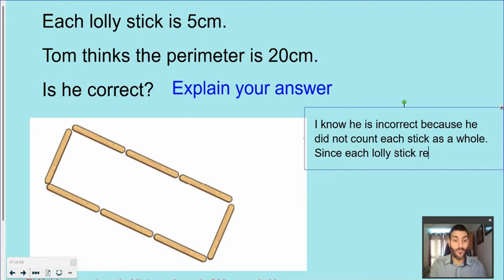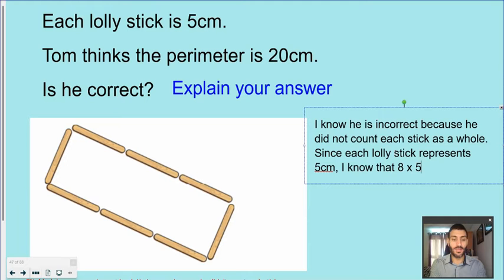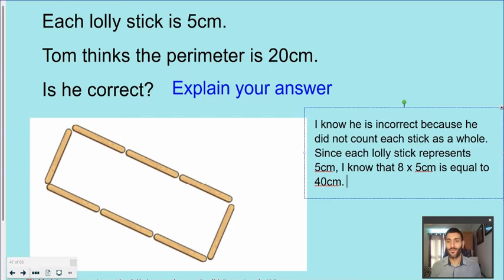Since each lolly stick represents 5 centimeters, comma, I know that, and I might even count them, 1, 2, 3, 4, 5, 6, 7, 8. 8 times 5 centimeters is equal to, and then what is that? 40? 45? No, 40. Yeah, 40 centimeters.